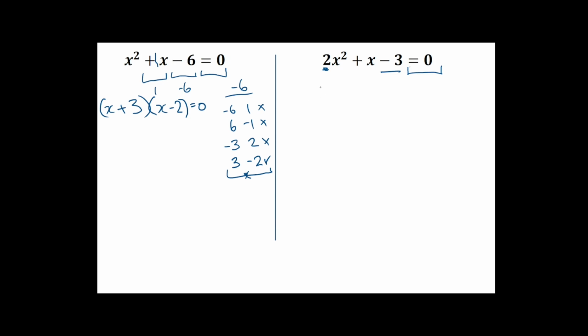Okay, well, let's rewrite this. So 2x squared minus 2x plus 3x minus 3 equals 0. And now we're going to factorize it in part.